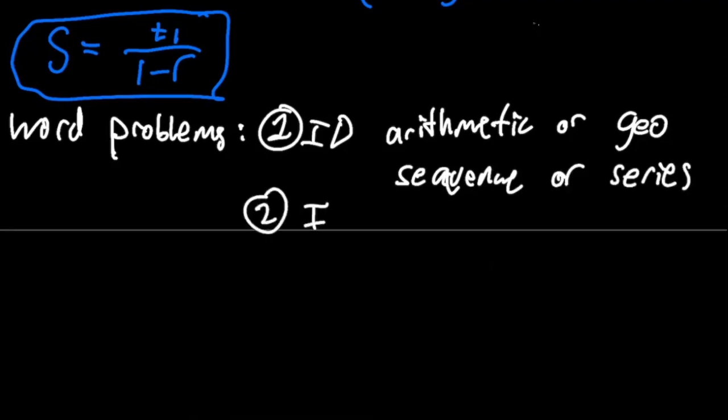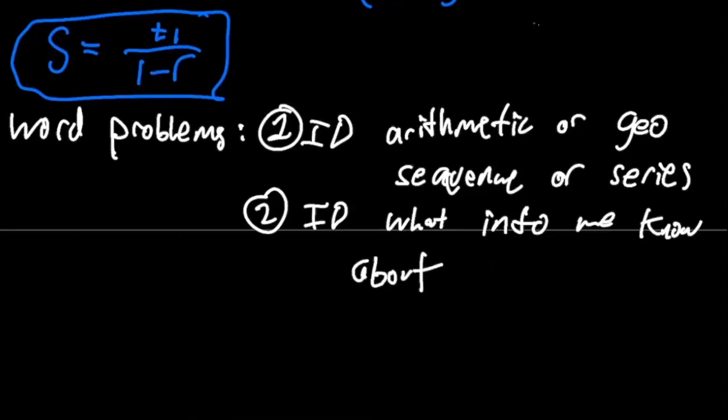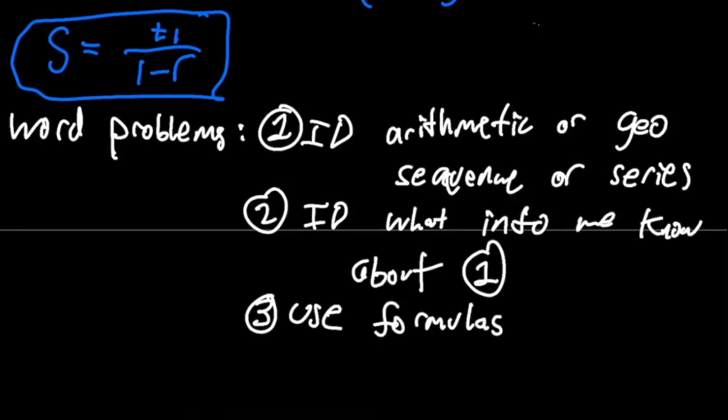Secondly, identify what information we know in the problem about the arithmetic or geometric sequence or series from number 1. And then thirdly, we can answer the questions usually by using our formulas or equations with our information from number 2.